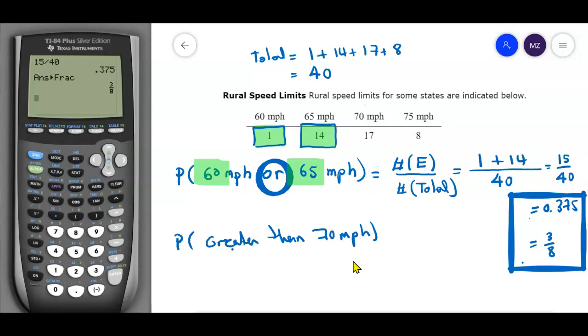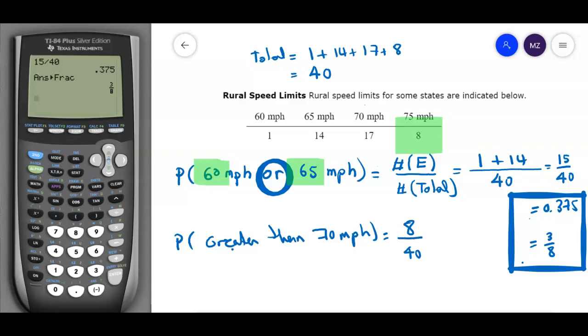I cannot take 70, because they didn't say greater or equal, so I can take only this number. For this one, the event E is 8, divided by the total, which is 40.